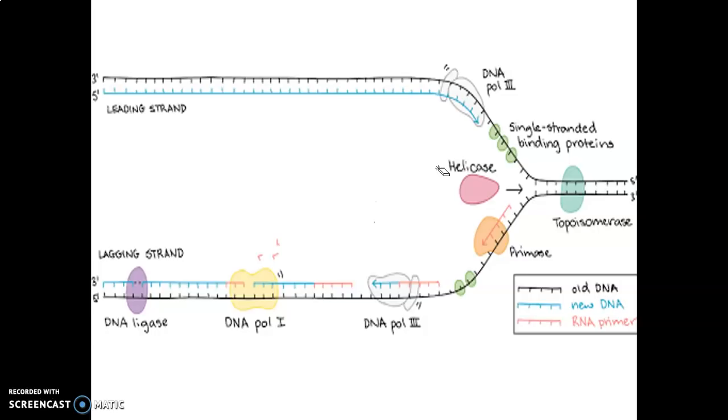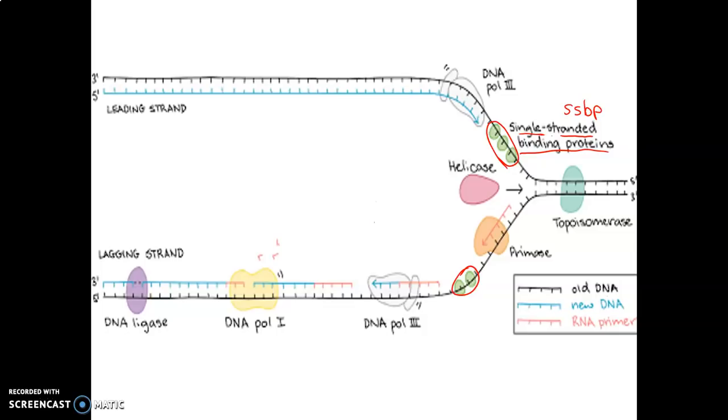So the next guy I want to talk about are these green ones. These green ones are called the single-stranded binding proteins, or the SSBPs for short. That's not really much shorter, but we'll go with it. So the SSBPs are the single-stranded binding proteins.